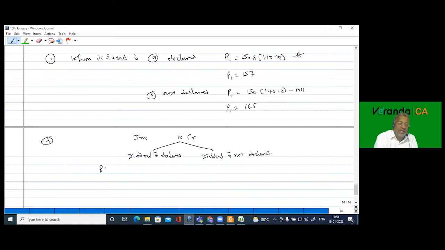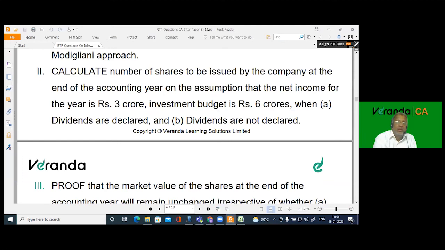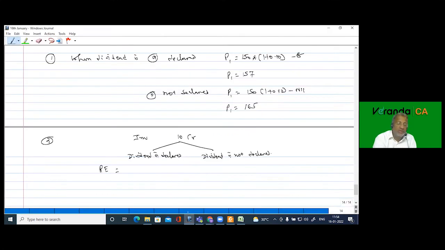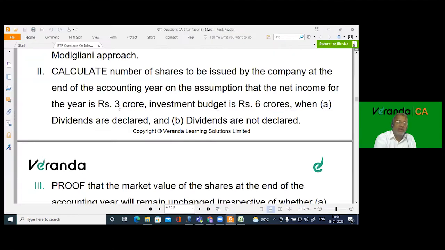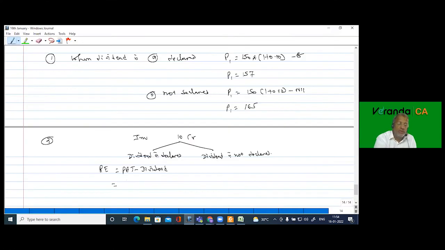So retained earnings in this case would be net income, PAT, minus dividend. PAT is 3 crores. Here the investment is 6 crores. Minus the dividend, 10 lakh shares into 8 per share as the dividend.